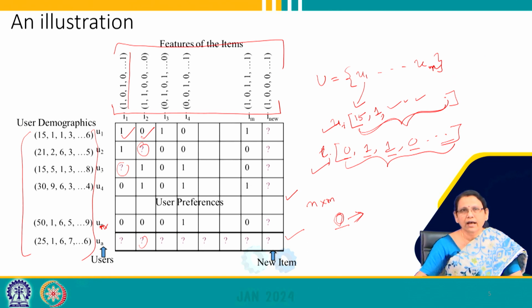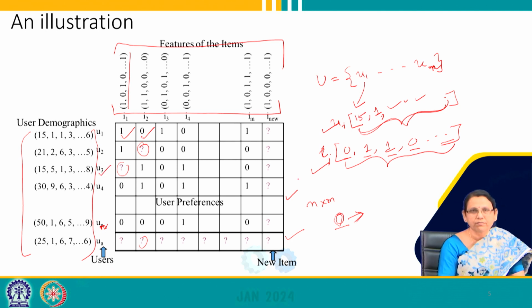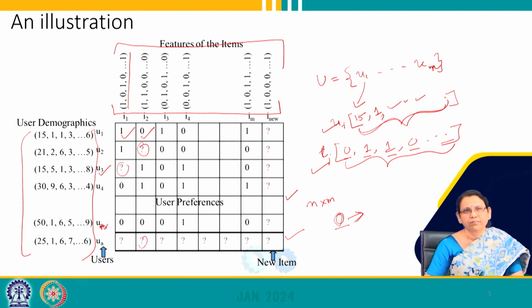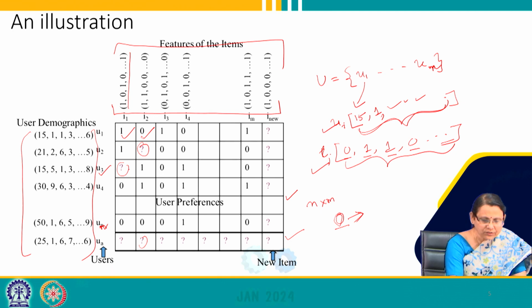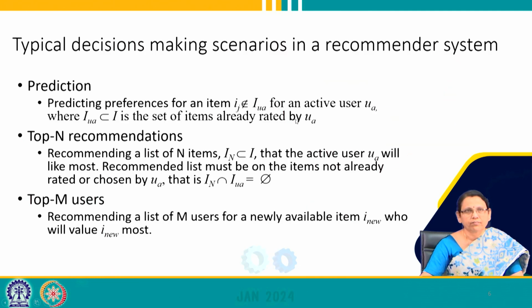The store has millions of items. Out of this, how many have you actually seen? How many have you actually rated? Very few. So, if you are, let us say, user 3, in many places wherever you have not given any rating, there will be this question mark. These blank entries are something which need to be estimated in the process of running the recommendation algorithm.